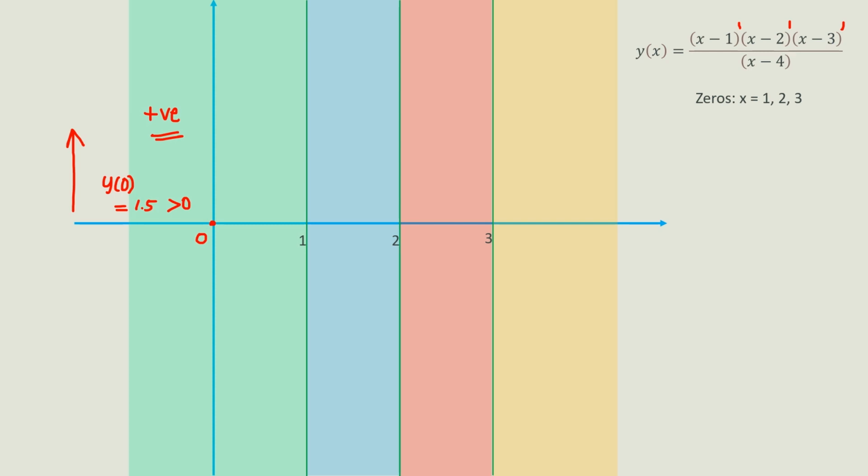Left of 1 is positive and at 1 it is 0, and between 1 and 2 it should be negative as there should be continuity, and at 2 it is again 0, and again at 3 it should be 0, so like this, and again going. So this is how the function would look.